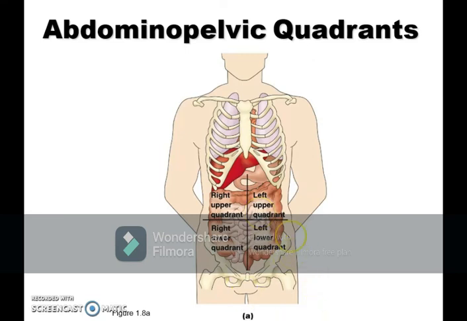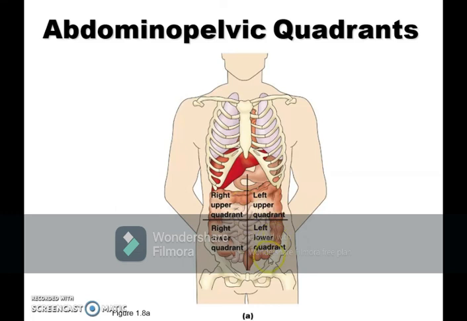For the right upper quadrant, we have the right portion of the liver, the gallbladder, the right kidney, small portions of the stomach, portions of the ascending and transverse colon, and parts of the small intestine.